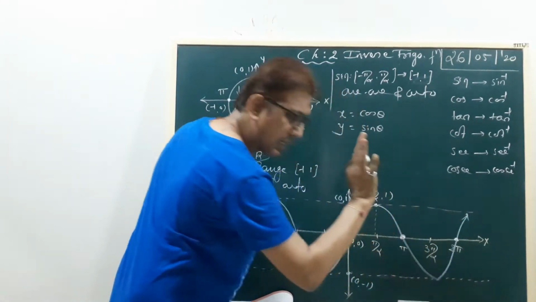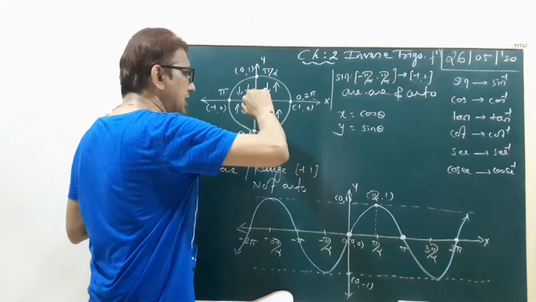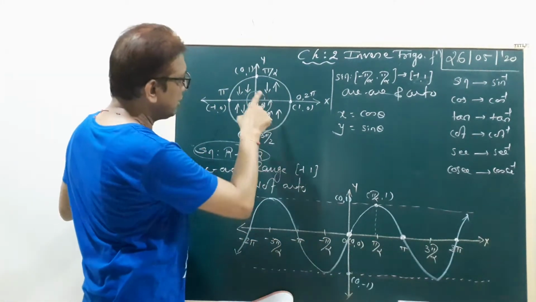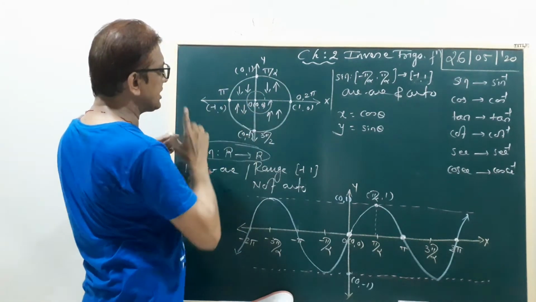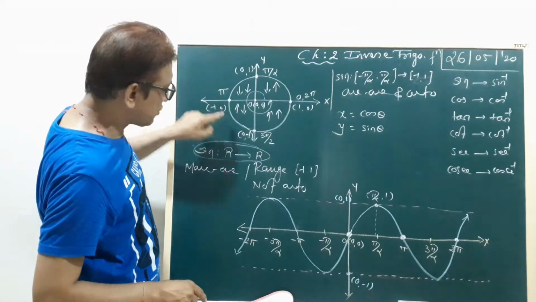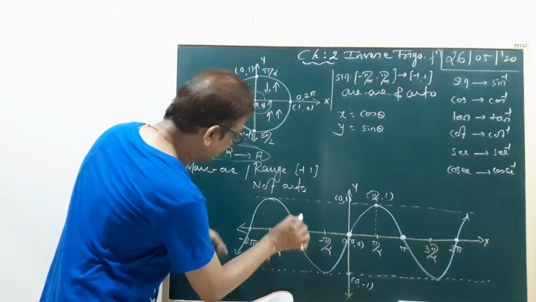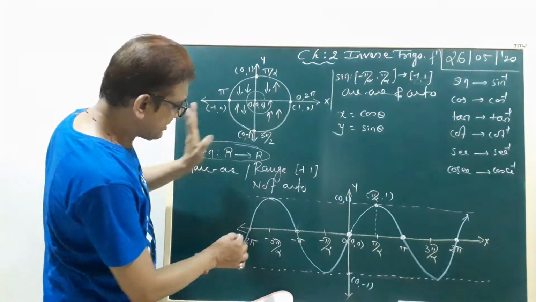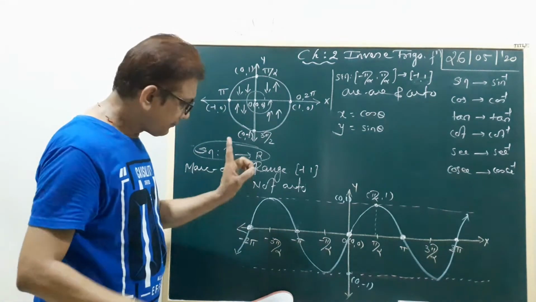Clear? Here we rotate anti-clockwise. If we rotate clockwise, then we get negative values: 0, minus pi by 2, minus pi. So sine minus pi value is 0 here. Clear? Exactly, we continue here. Then sine minus 2 pi is 0. Is that clear?